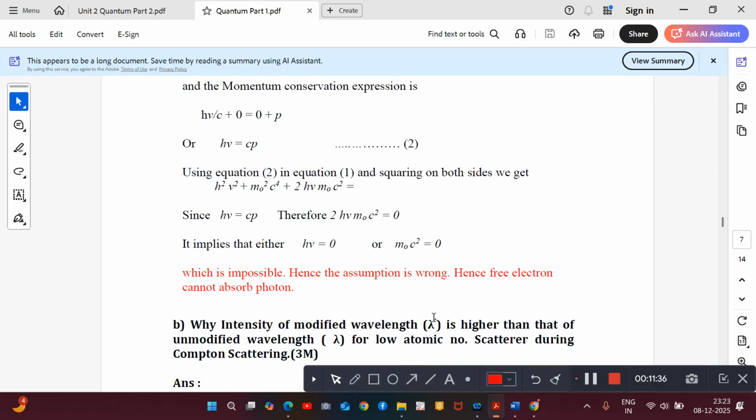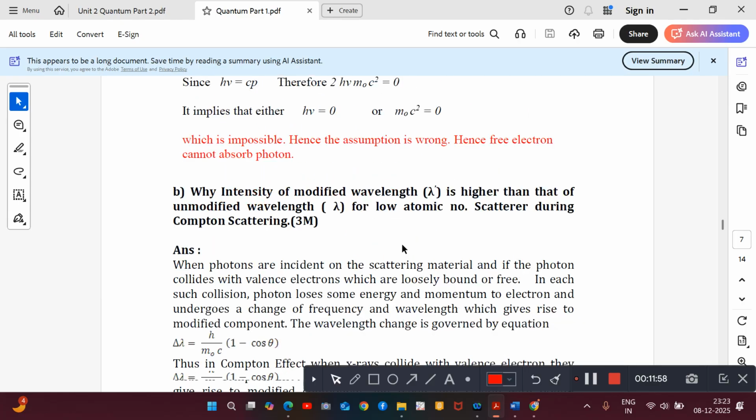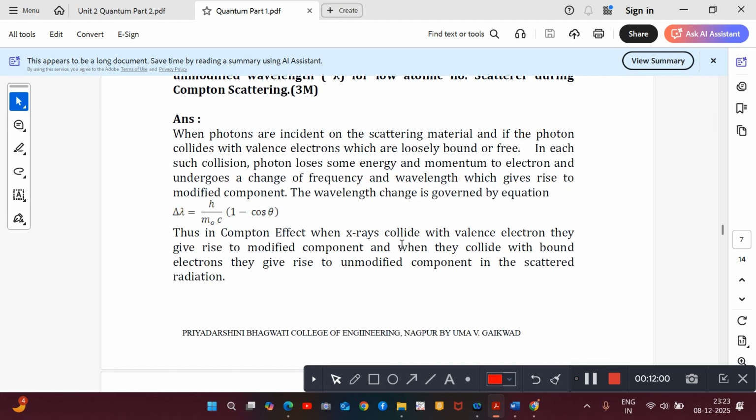It implies that either photon energy is 0 or the rest mass energy is 0. So it is impossible, and hence our assumption is wrong, and hence free electron cannot absorb a photon. So this is all about the proof regarding photons not being absorbed by the electron.